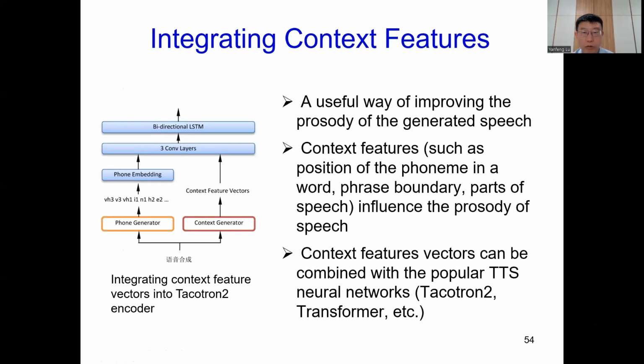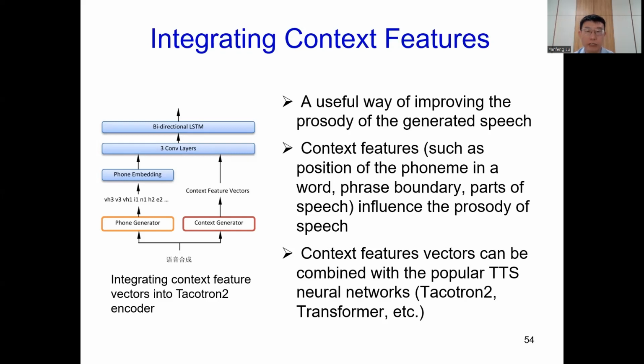A way of improving the quality of the generated speech is to integrate context features into the neural network. The diagram shows how we can integrate the context features into Tacotron 2. Because the context features have an important influence on the pronunciation of particular phones.